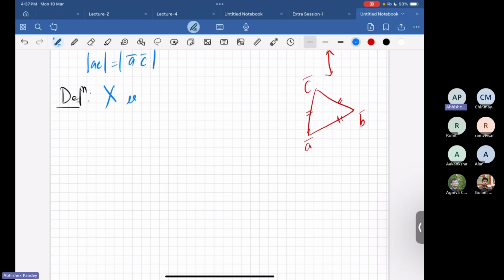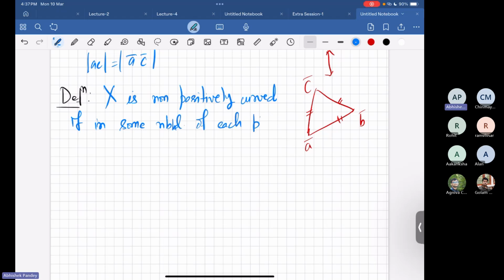So X is non-positively curved if in some neighborhood of each point X belonging to this metric space X, the following holds.